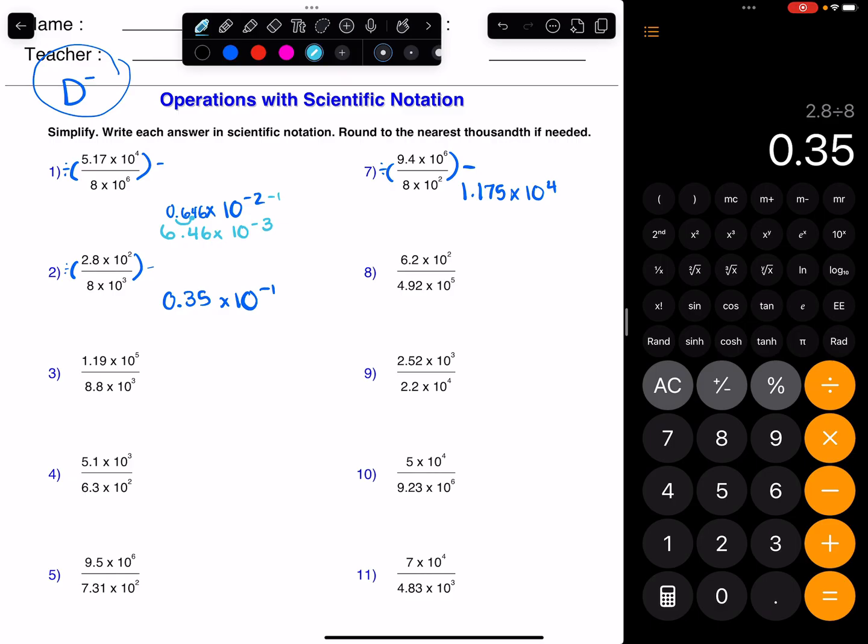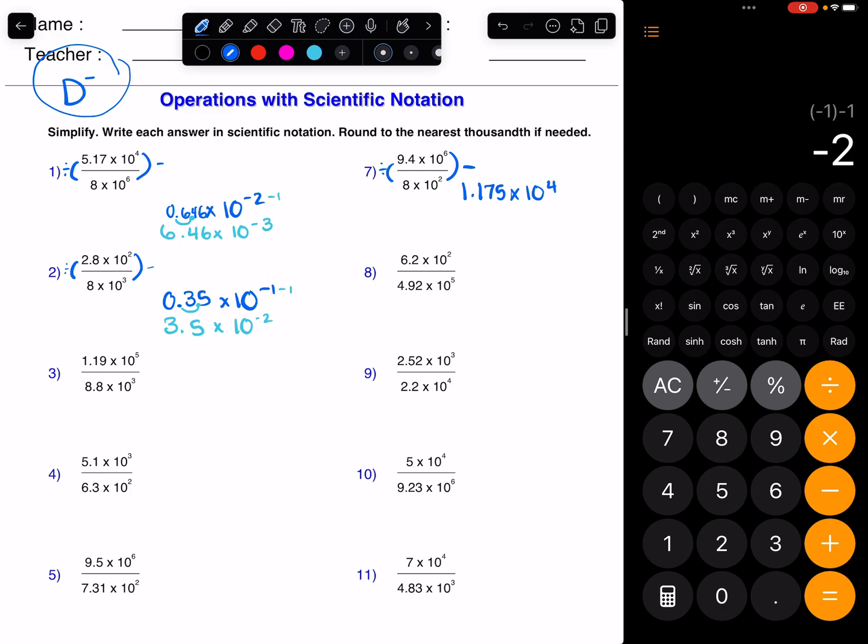Ooh, my 0 is not between 1 and 10, so I got to change it. And I'm going to put my decimal spot right there, so 3.5. I moved 1 over, so times 10, subtract 1 because we moved 1 spot. Divide means subtract. So I'm going to do -1 minus 1 is -2.